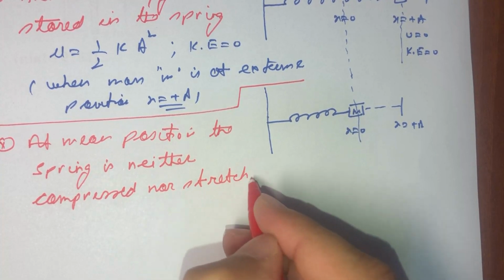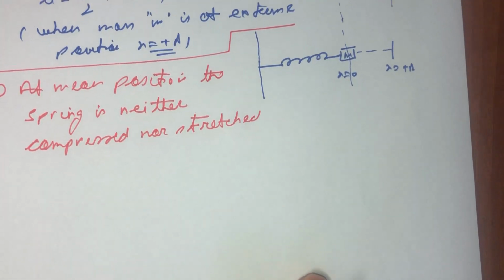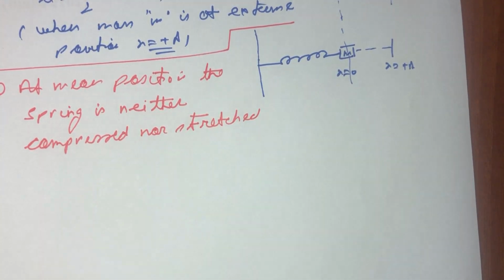Therefore the potential energy of the spring will be equal to 0.